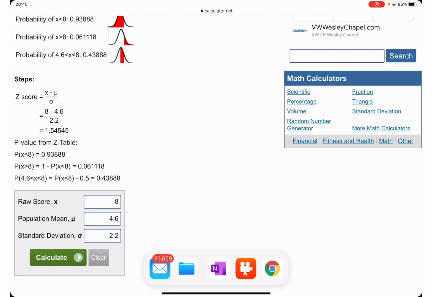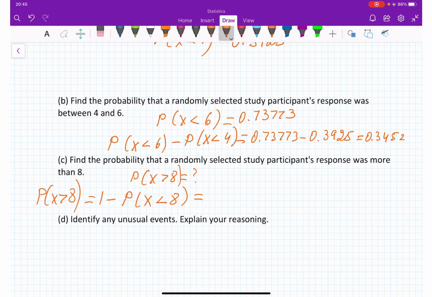Okay? So probability for x, I can write down right here. 1 minus 0.93888. And that is going to give me 0.06112. Okay?